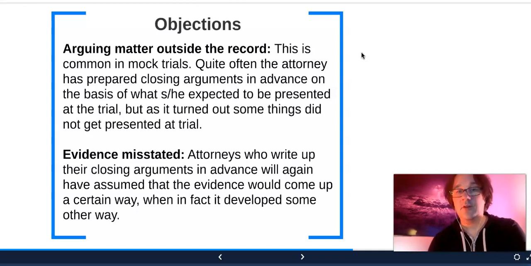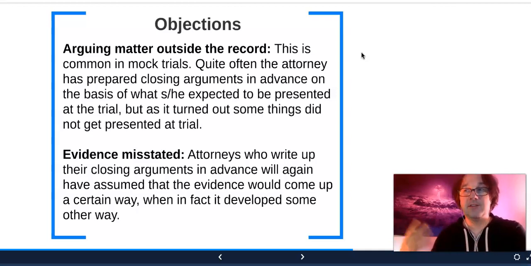Evidence misstated. So attorneys who write up their closing arguments in advance will have to assume that the evidence would come up in a certain way. This is just part of the preparation of creating a closing statement. You have to make some assumptions about how things are going to progress. The problem is that when we actually do the trial, they might not progress the way that you thought they would.